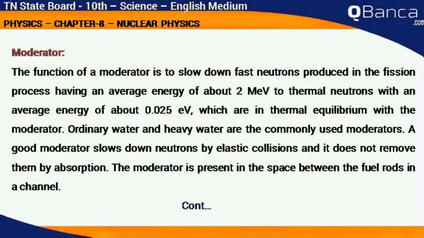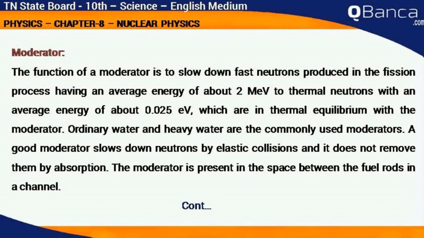Moderator. The function of a moderator is to slow down the fast neutrons produced in the fission process, having an energy of about 2 MeV, to thermal neutrons with an average energy of about 0.025 electron volt, which are in thermal equilibrium with the moderator.